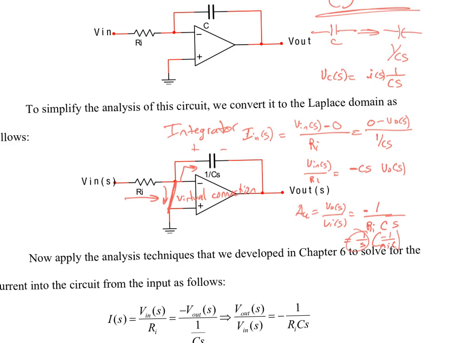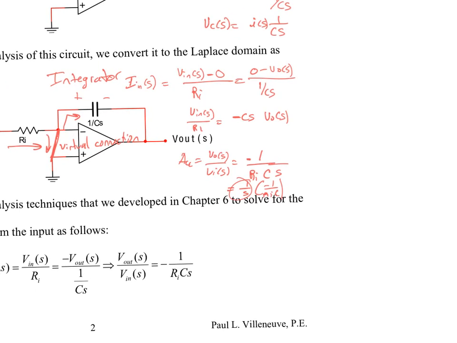There is some gain associated with it though, right? Because let me redraw this. A closed loop. I have my integrator part here. This is not necessarily 1, right? So it's going to invert because of the negative sign. But this R1 times C may or may not necessarily have a gain of 1.